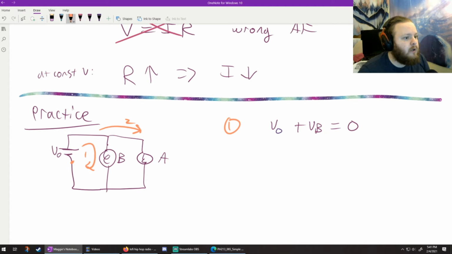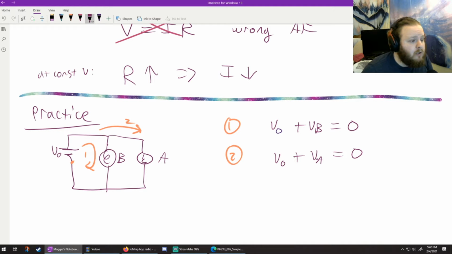And if I go over here to loop 2 and do some analysis, starting at the same point but going around the outer loop, I get V0 plus VA equals 0. Now, can I say anything about the brightness difference between bulb B and bulb A? How does the brightness compare?